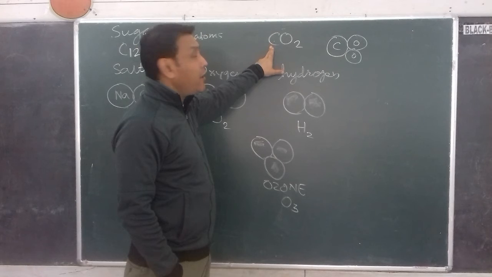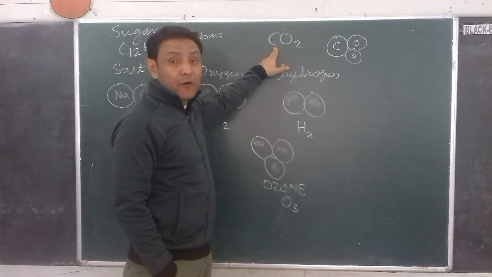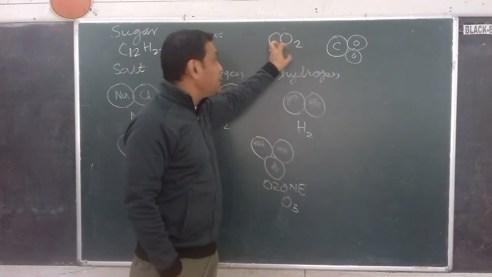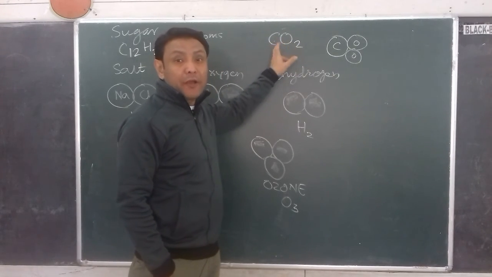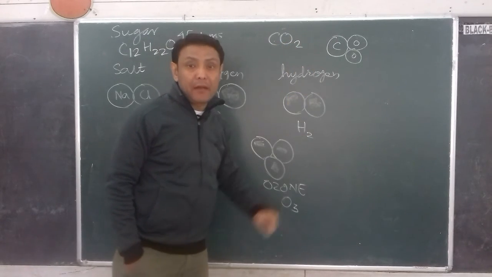Carbon dioxide, CO2, is made up of one atom of carbon and two atoms of oxygen, held together by a covalent bond, because it forms a molecule between two non-metals.